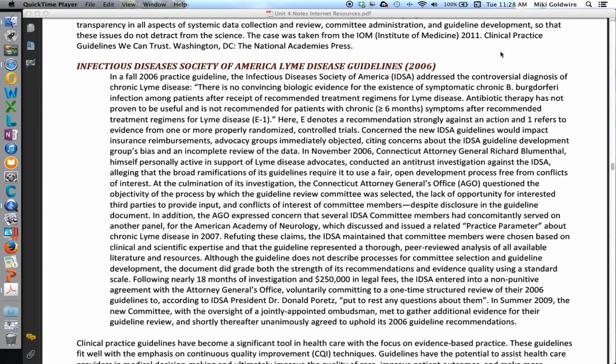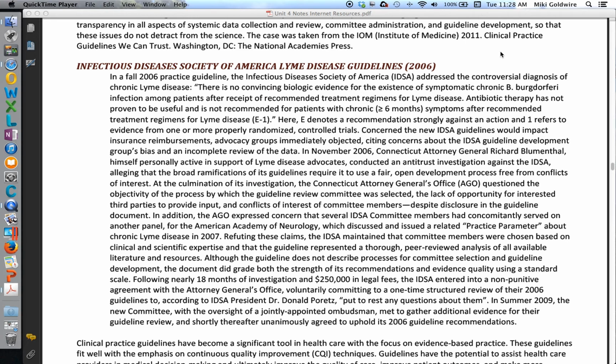In the fall of 2006, the Infectious Disease Society of America practice guideline addressed the controversial diagnosis of chronic Lyme disease. Quote, "There is no convincing biologic evidence for the existence of symptomatic chronic Borrelia burgdorferi infection among patients after the receipt of recommended treatment regimens for Lyme disease.